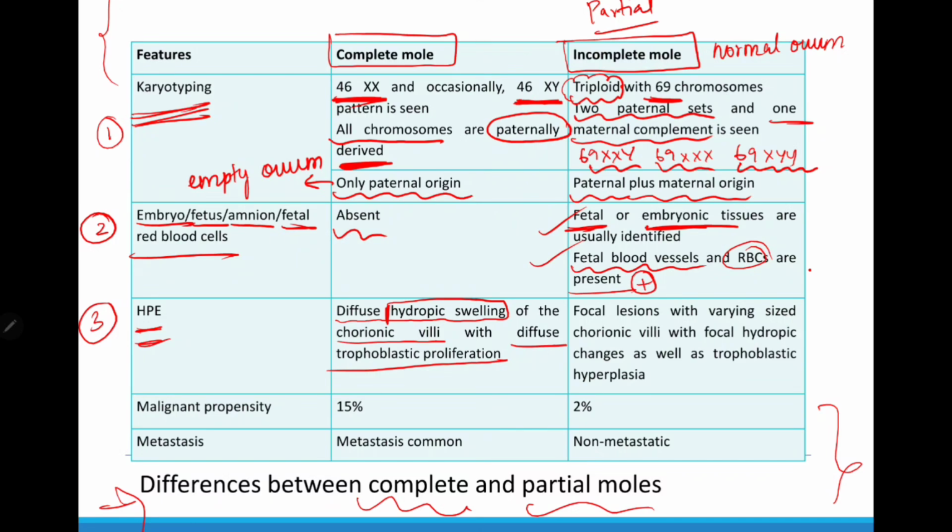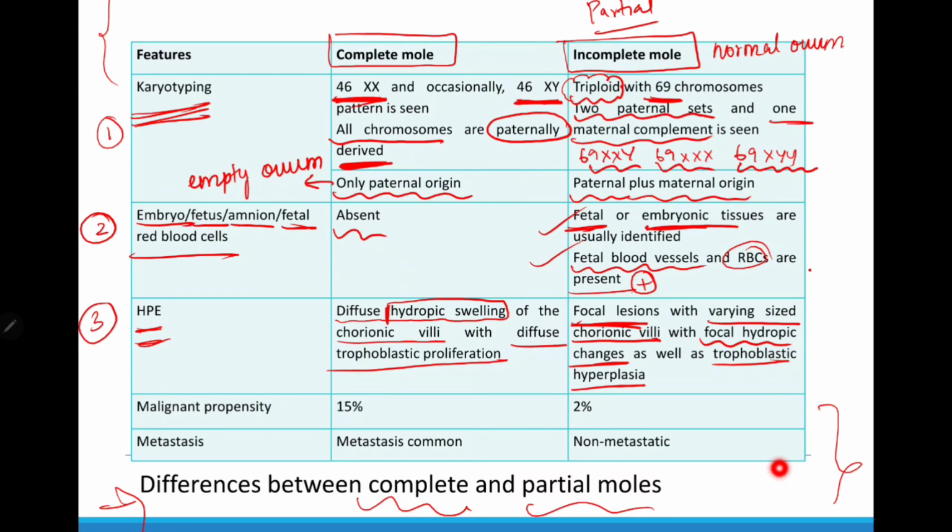We will see a diffuse hydropic swelling of the chorionic villi with diffuse trophoblastic proliferation. Whereas in incomplete mole, we can see focal lesions with varying size chorionic villi with focal hydropic changes as well as trophoblastic hyperplasia.